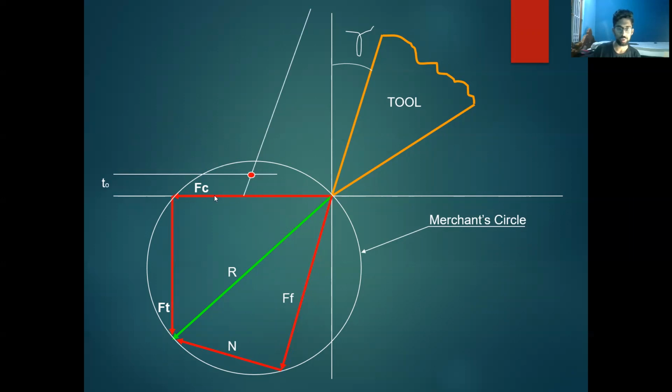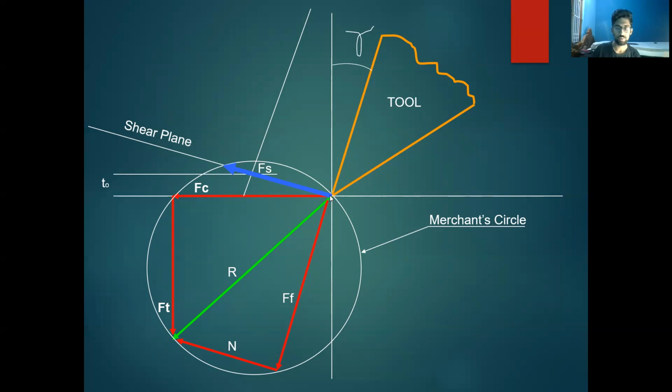So we will be drawing a horizontal line which is parallel to the cutting force, and we will be obtaining the shear plane, which is by formula consideration. And you can see the shear force will be obtained through the formula.